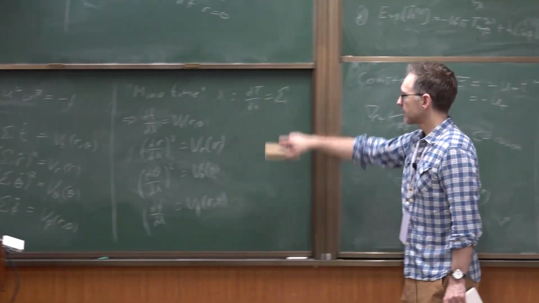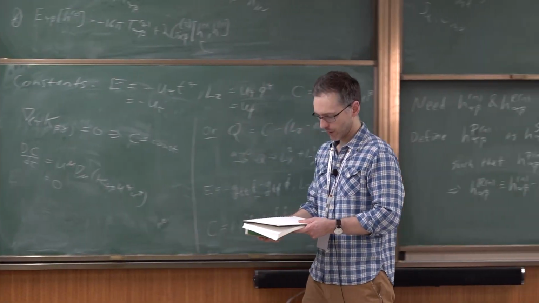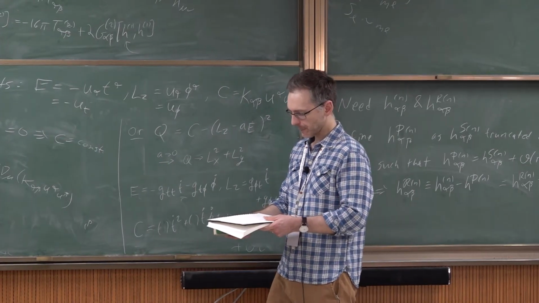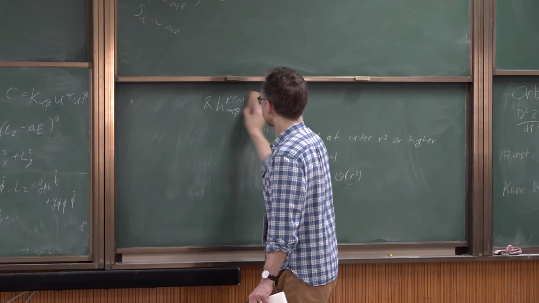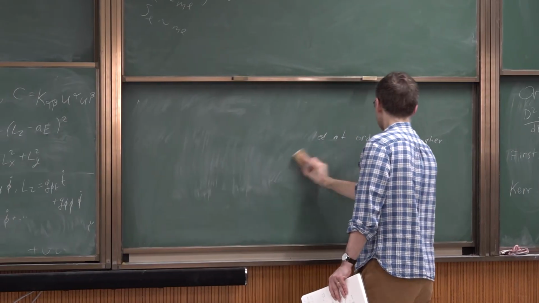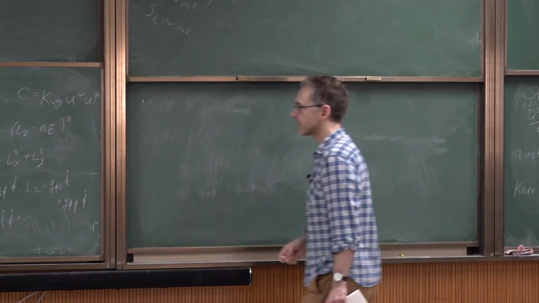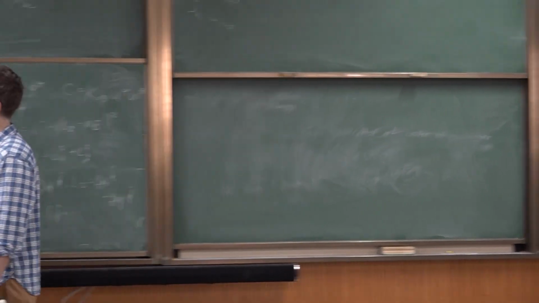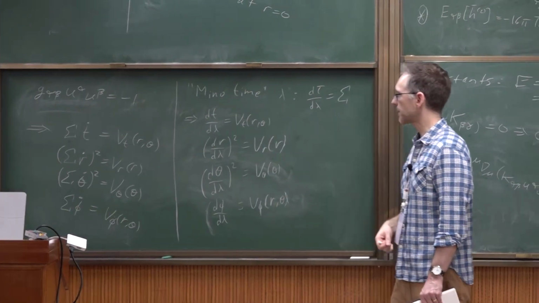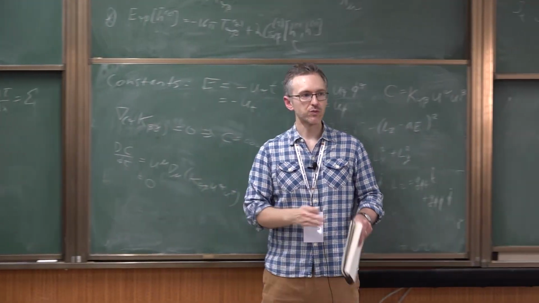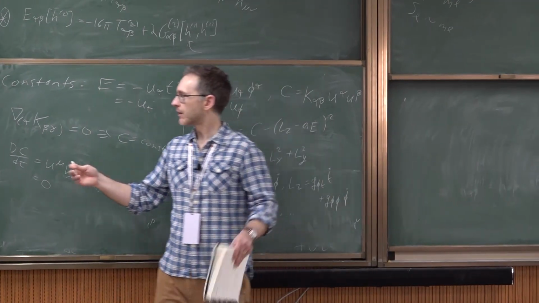So we can take these as our equations to solve. And the one important thing about them is that the structure of these terms on the right-hand side, these functions v_r of r and v_θ of theta, they actually determine basically what kind of motion you're going to get.